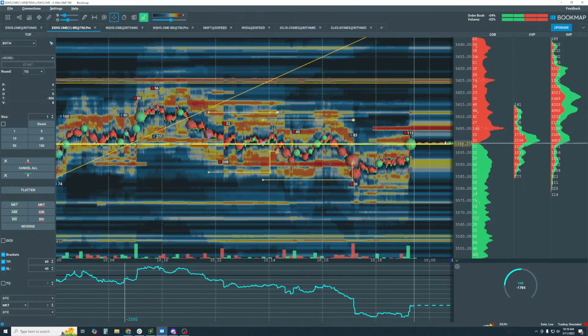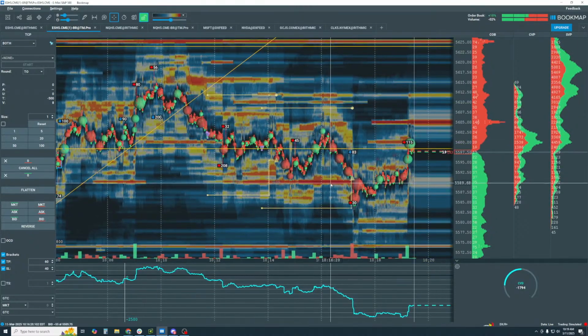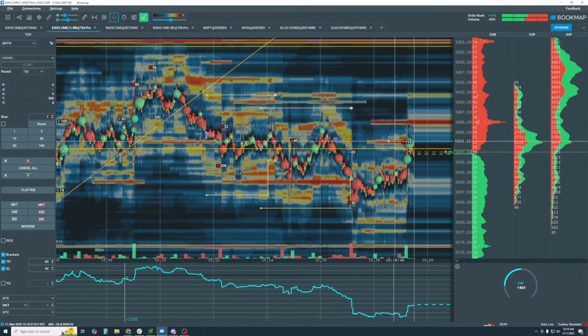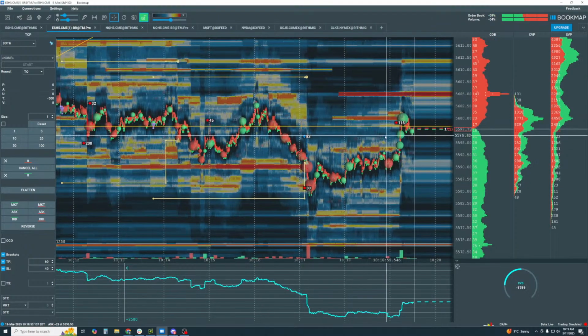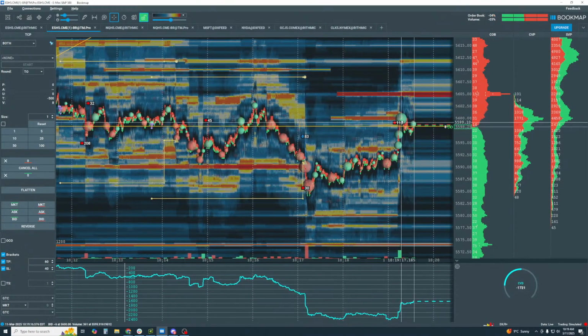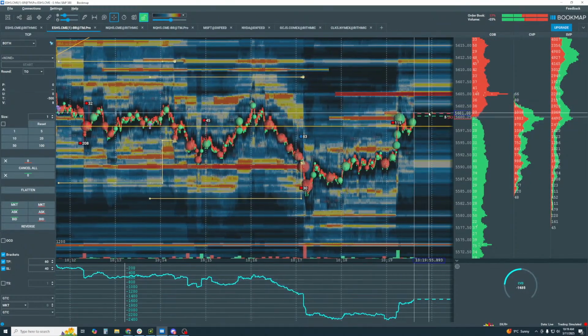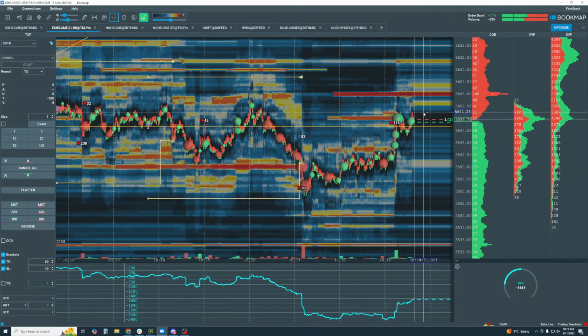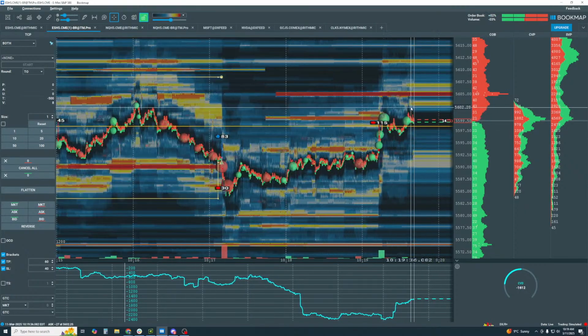Boy, it is choppy. Look at this. It hits that high liquidity a little bit below it, then right back up above it, hits high liquidity back at 5,600 here. Pretty strong move into 5,600. Let's see if we can get back up above it here. See the buying strength.